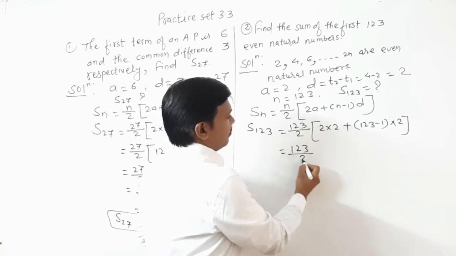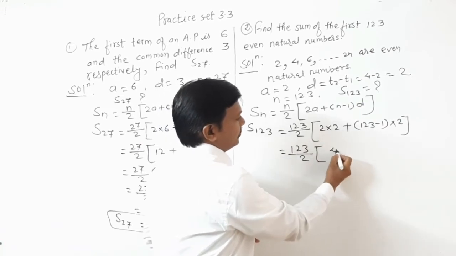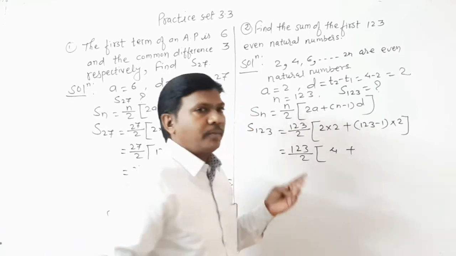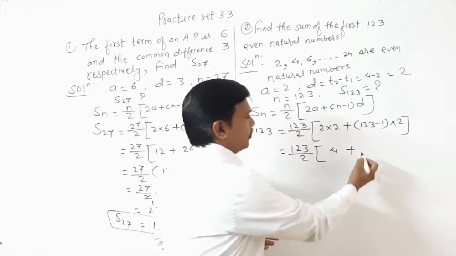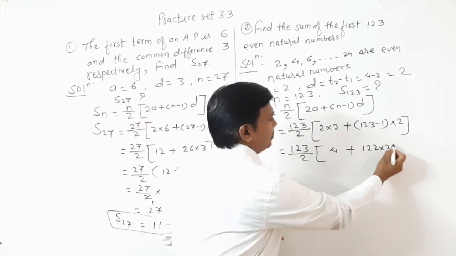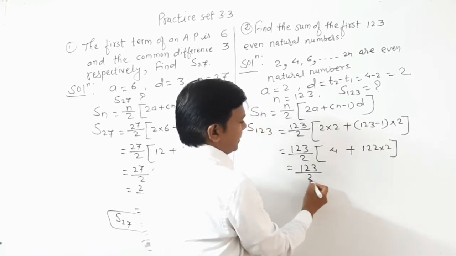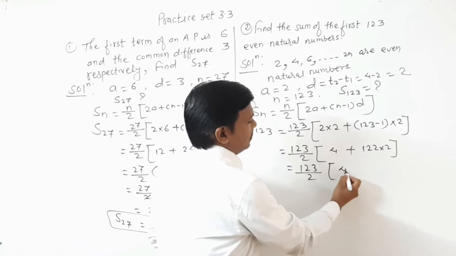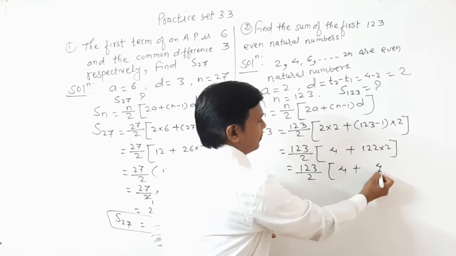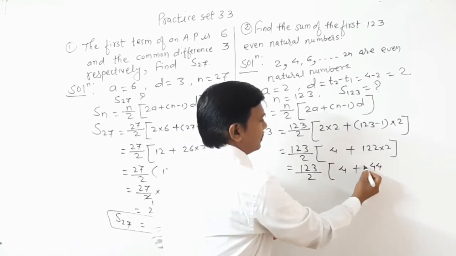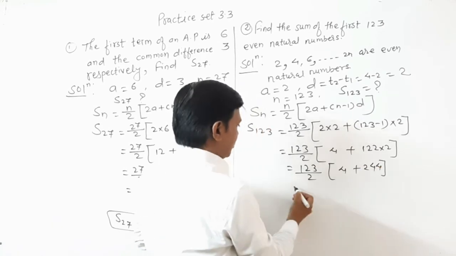Again 123 is not divisible by 2, so keep it as it is. 123 upon 2. 2 2s are 4. Plus 123 minus 1, that is 122. So 122 into 2 is 244. Then find their sum.